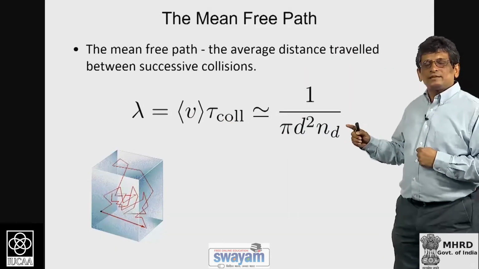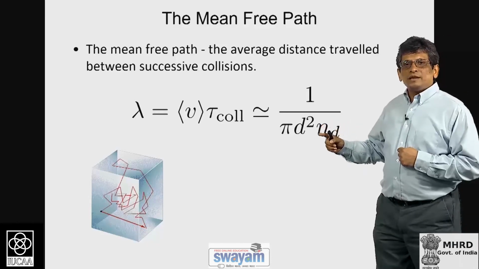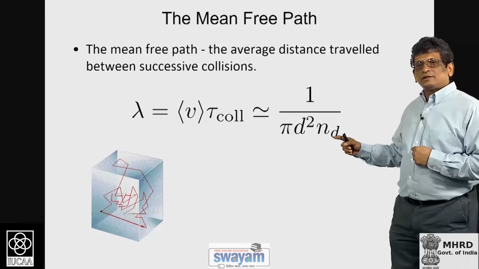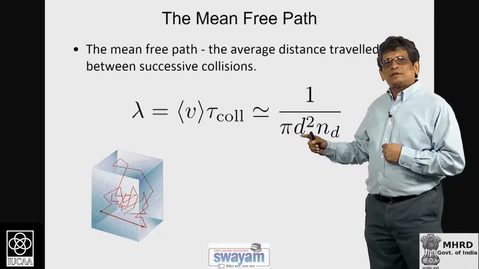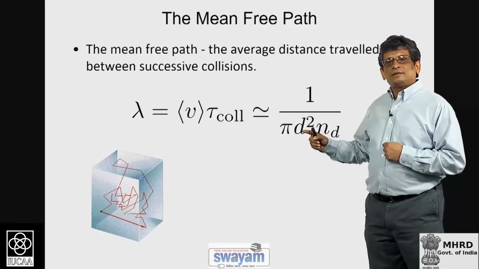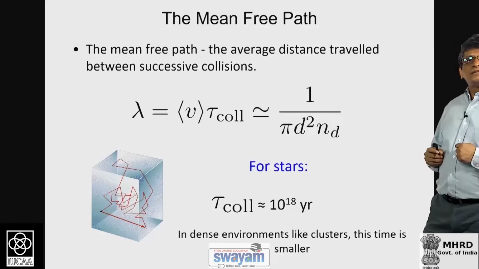We can calculate this if we can find out what the mean number density of stars is in any given environment and what the typical size of these stars are, and that's it. So we can do this calculation for stars.